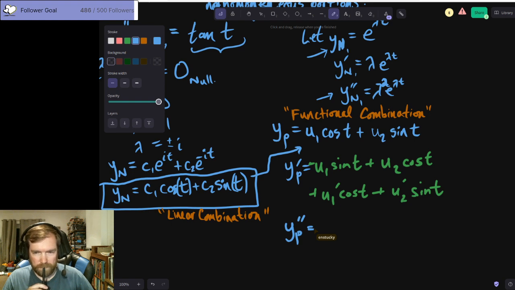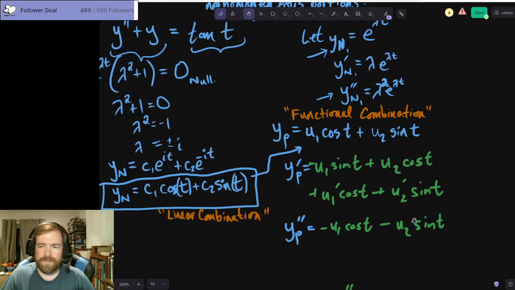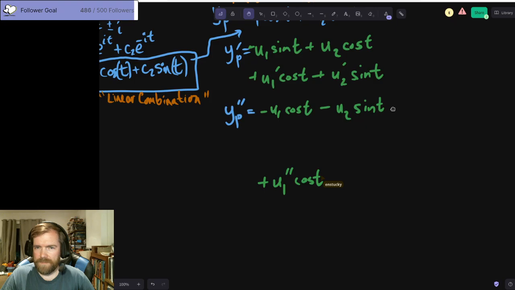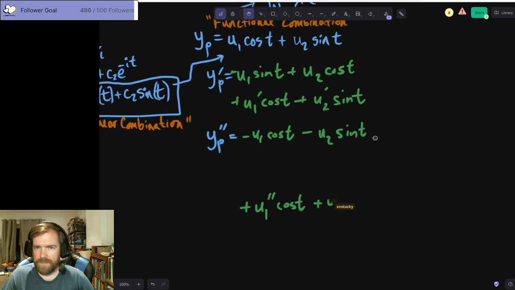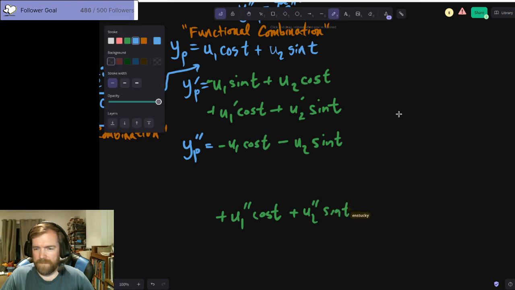Nothing to it. Let's do it again. Minus u1 cos t plus minus u2 sine t. And then let's come all the way down here. u1 double prime cos t plus u2 double prime sine t.